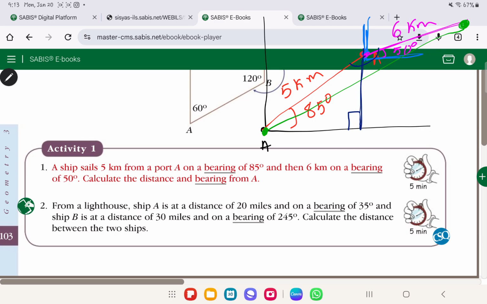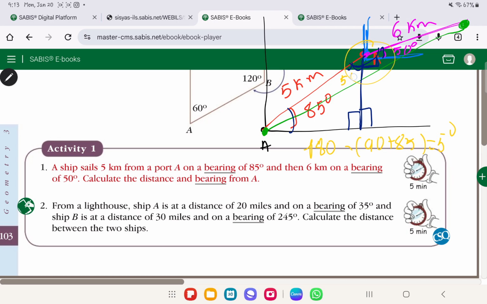So now we have a right triangle with an angle of 85, so we can find this angle over here. Then we also have this angle over here, which is right, and we have 50, so definitely we will be able to find this angle. So this angle over here is 180 minus 90 plus 85, which is 5 degrees.